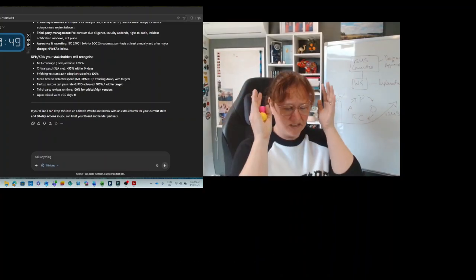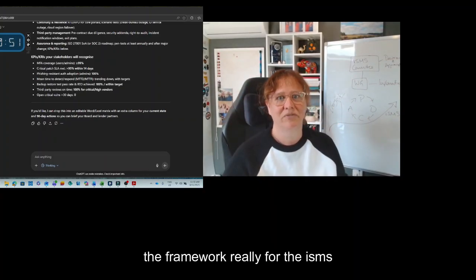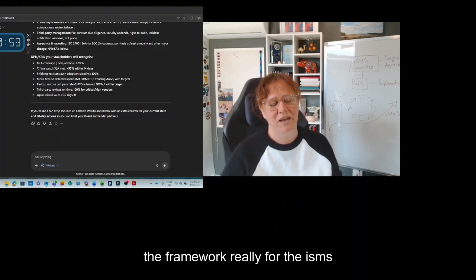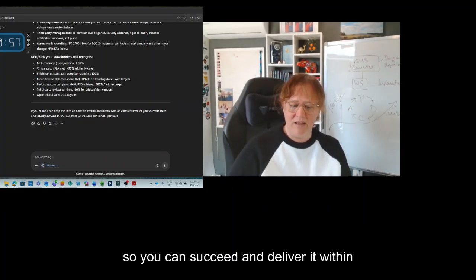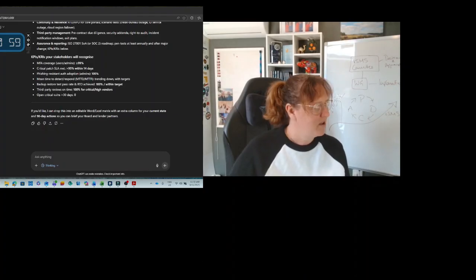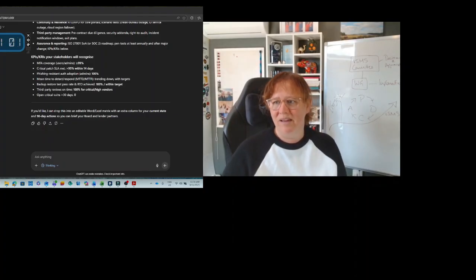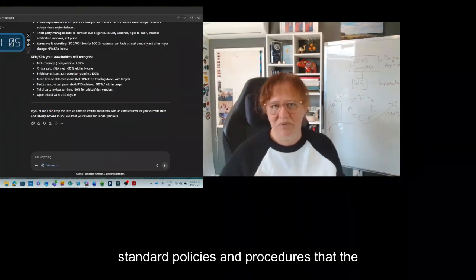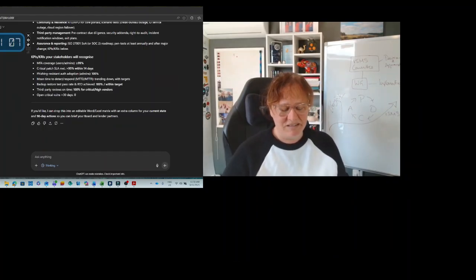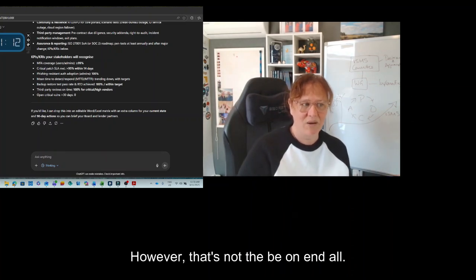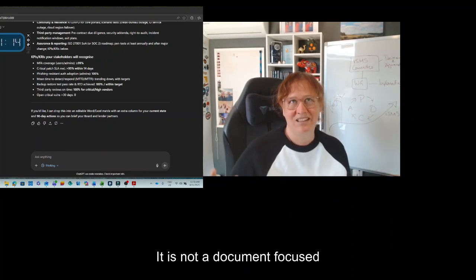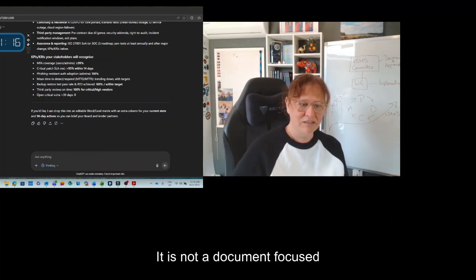Let's look at structuring the framework really for the ISMS, so you can succeed and deliver it within a meaningful time frame. Yes, there are standard policies and procedures that 27001 and 27002 expect to see in place. However, that's not the be all and end all. It is not a document focused standard.